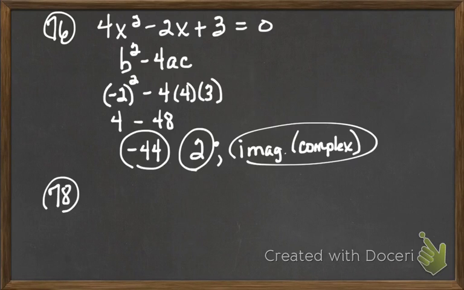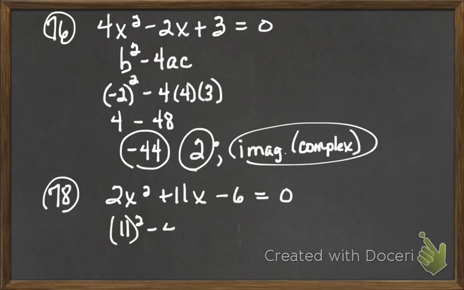78. 2x squared plus 11x minus 6 equals 0. Again, the directions say compute the discriminant. That's just b squared minus 4ac. So what's 11 squared? 121.